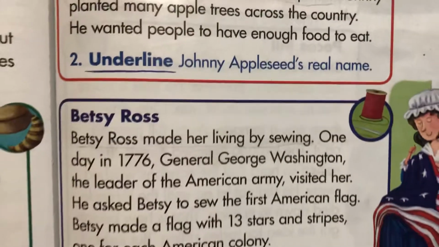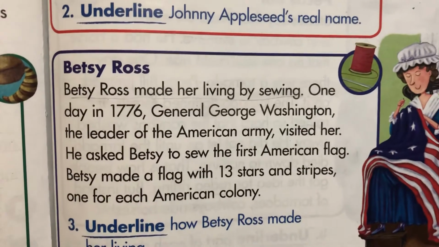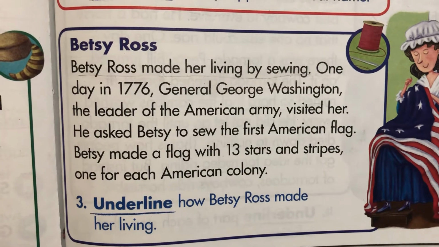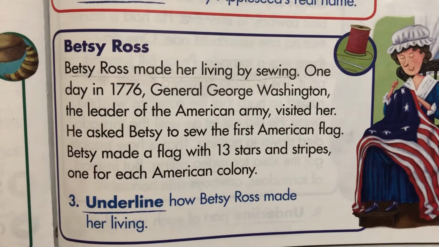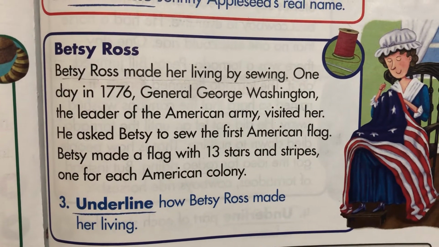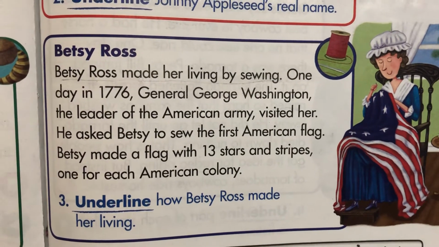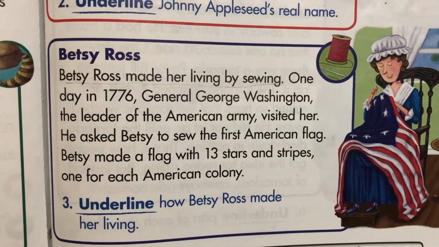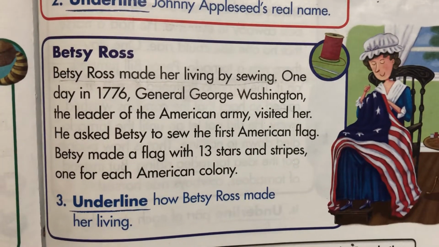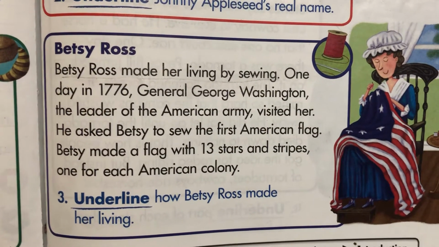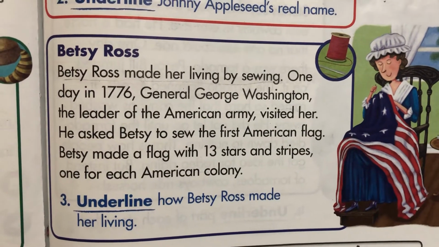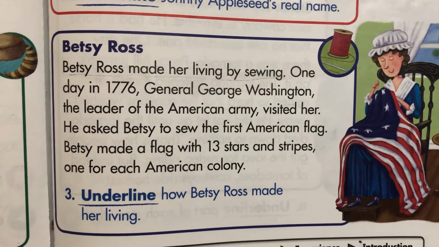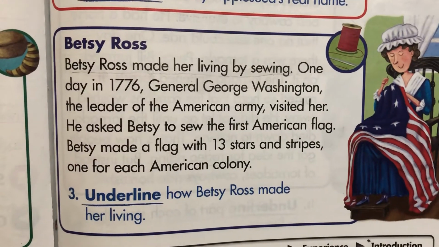Okay, Betsy Ross. Now here's an example where the book is going to say something about her which there is debate. In other words, we don't know if this is 100% true or not. There are some people who think this is true, but probably most good historians have doubts about the story, at least the one about the first American flag. Betsy Ross.